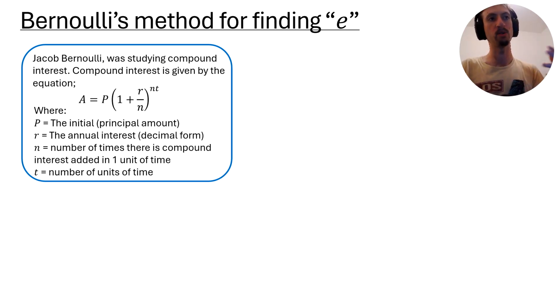Because if compound interest is applied continually, then within any finite amount of time, you've essentially had the compound interest applied an infinite number of times. So we're considering what A is in the case where n approaches infinity. So that's what Jacob Bernoulli was thinking about.